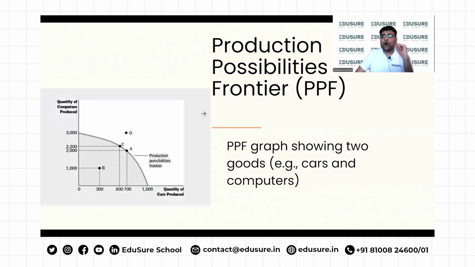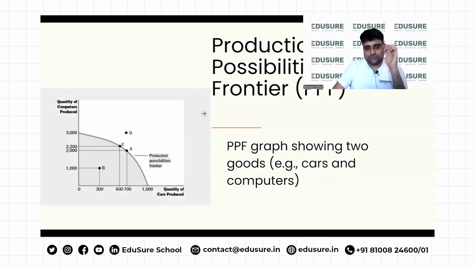Okay, if all the resources are devoted to producing computers, the economy would produce 3000 computers and 0 cars.